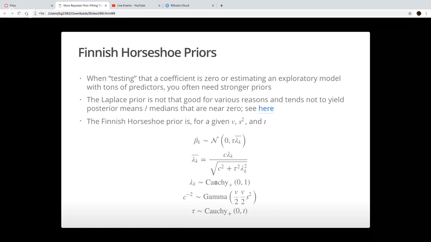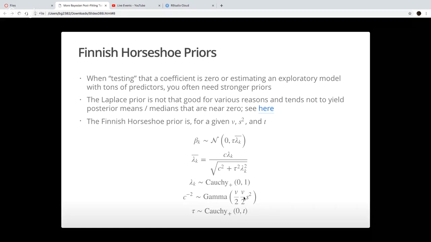Go to the next level, okay? Cauchy distribution, or really a half Cauchy distribution, because this is restricted to be non-negative, on each of the lambda k's, so that is going to have heavy tails. An inverse gamma prior on c squared with shape equal to v over 2 and rate equal to v over 2 times s squared.